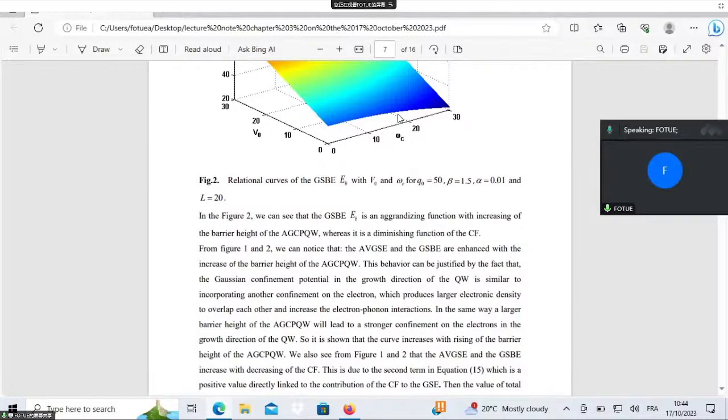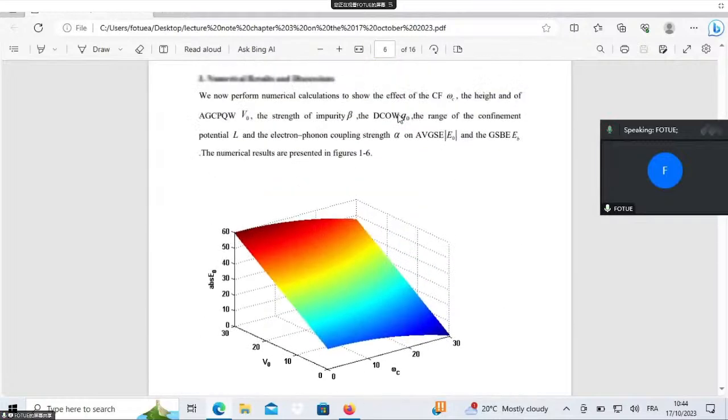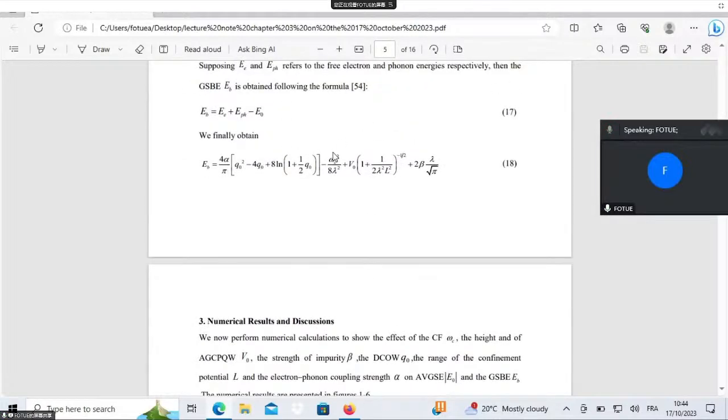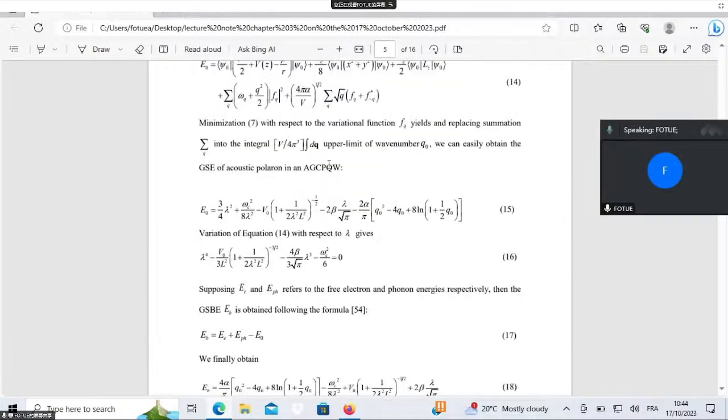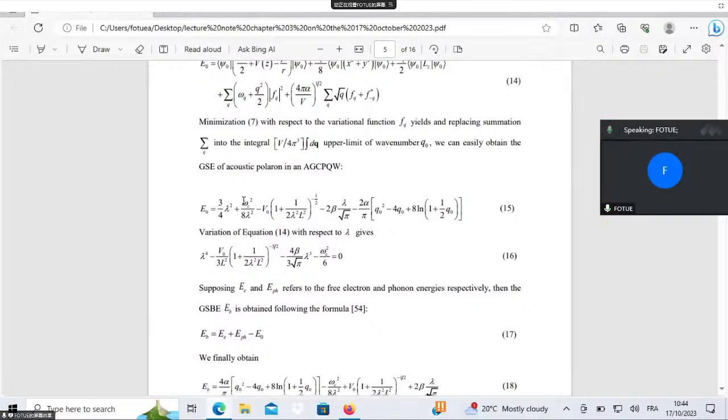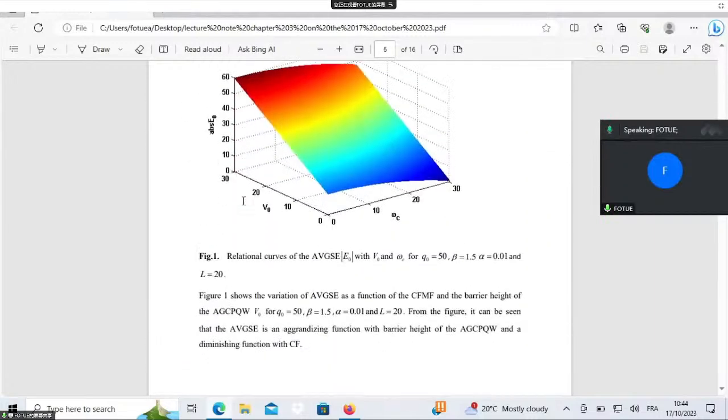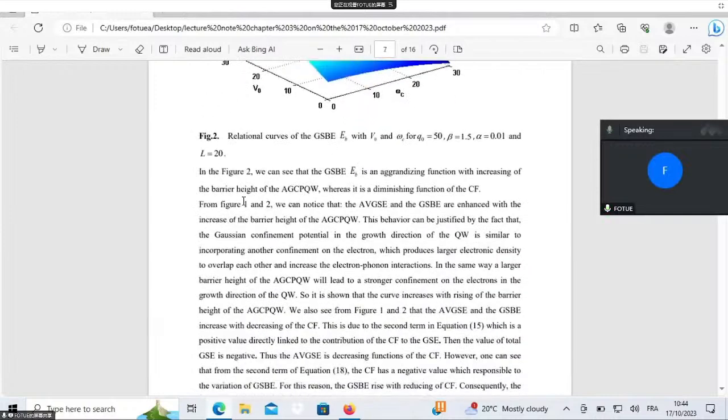If we analyze, for example, this term in the binding energy, and this term in the ground state energy, we'll see that this term is responsible for the fact that the ground state energy and the binding energy are decreased with the cyclotron frequency.